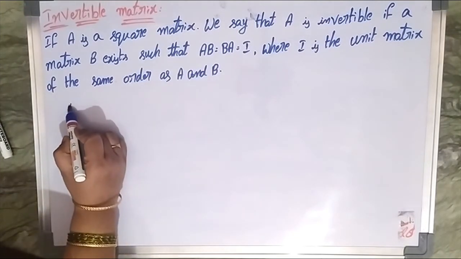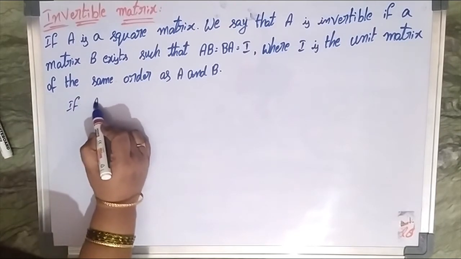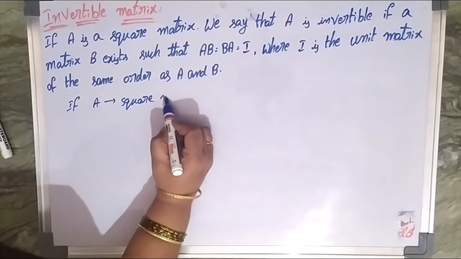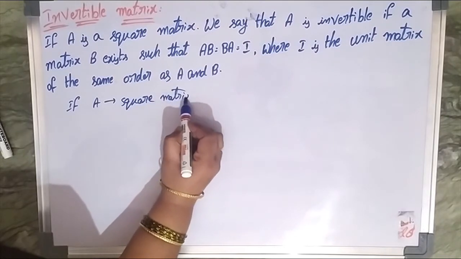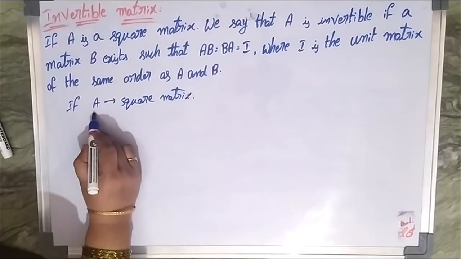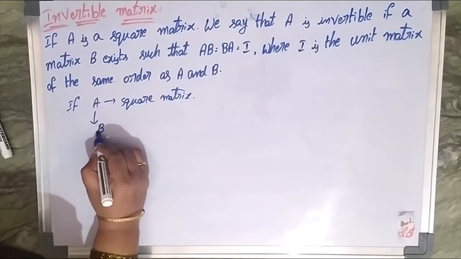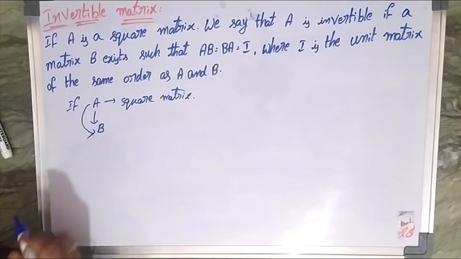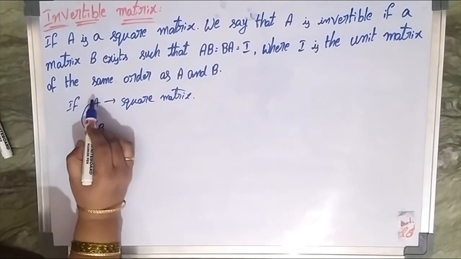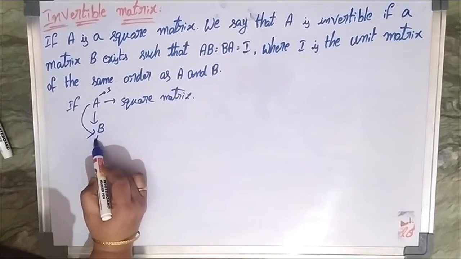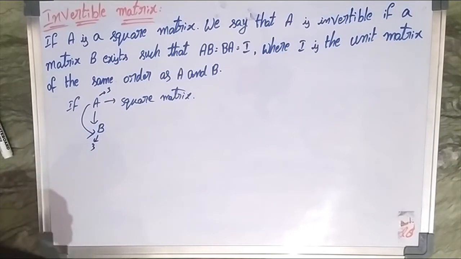That is, first, A is a square matrix. Then if A is invertible, there exists a matrix B of the same order. If the order of A is 3, then the order of B is also 3.